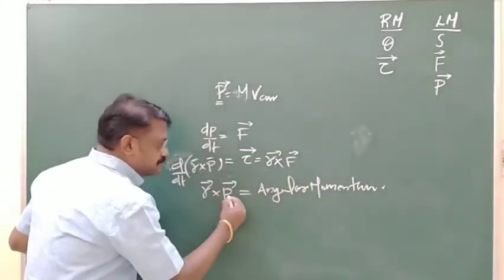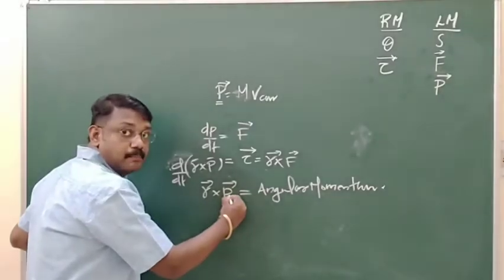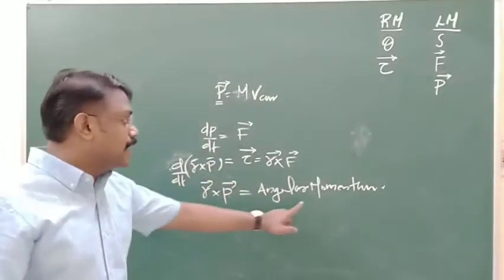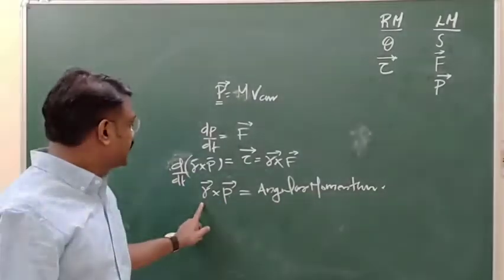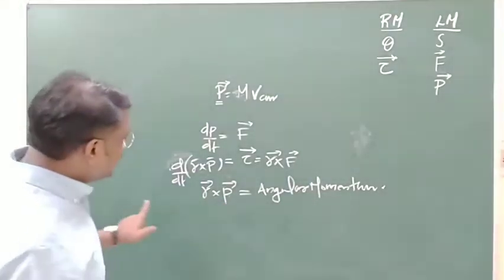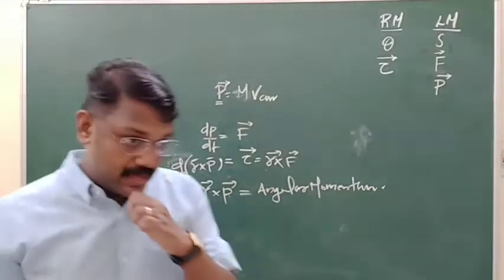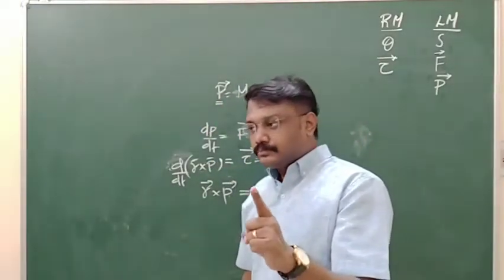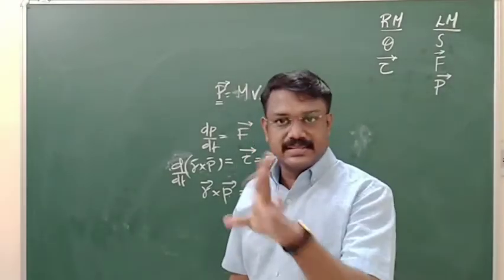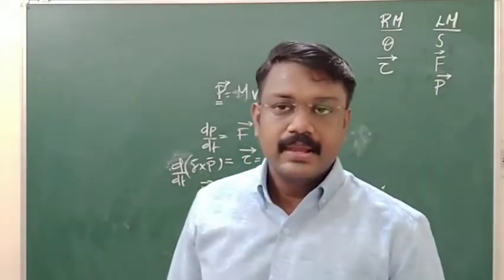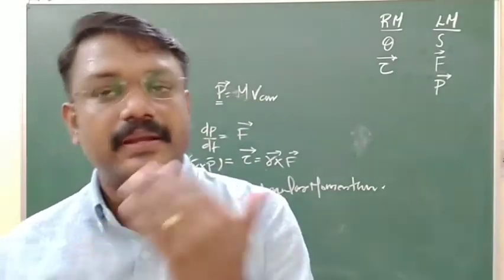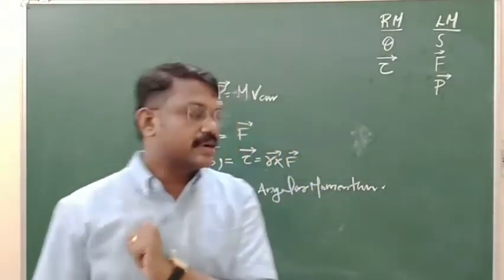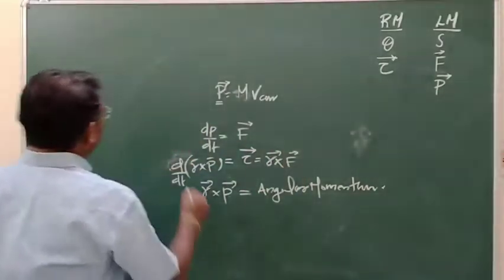See, this is P, momentum in linear motion. How can you convert it into angular motion when you take r cross P? If you multiply any physical quantity with the perpendicular distance from the axis of rotation, it is automatically converted into its rotational aspect, and that is known as moment.